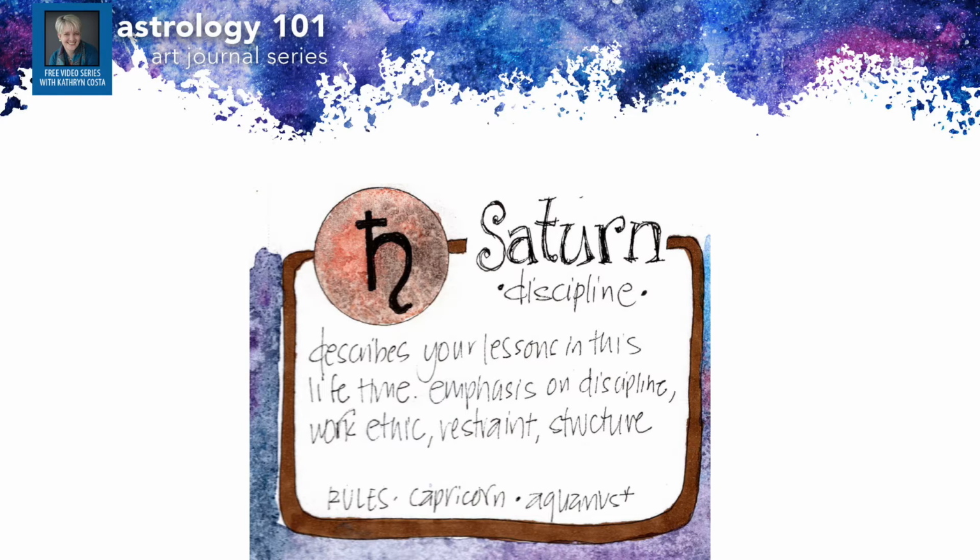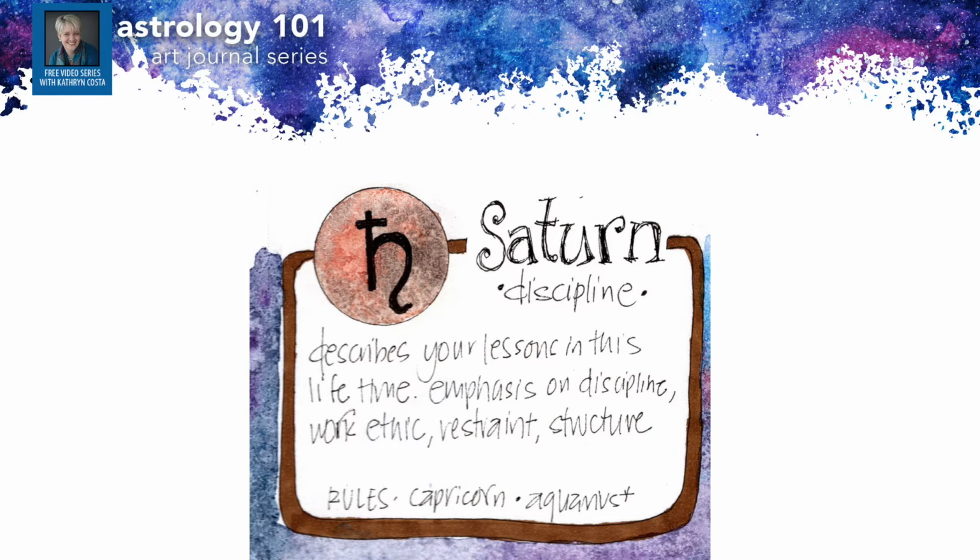So if you haven't been taking care of things in your life, whether it might be your finances, your career, your health, there will come a time Saturn will show up in the sky, will show up in your chart, and will force you to face the truths of what needs your attention. It describes your lessons in this lifetime.